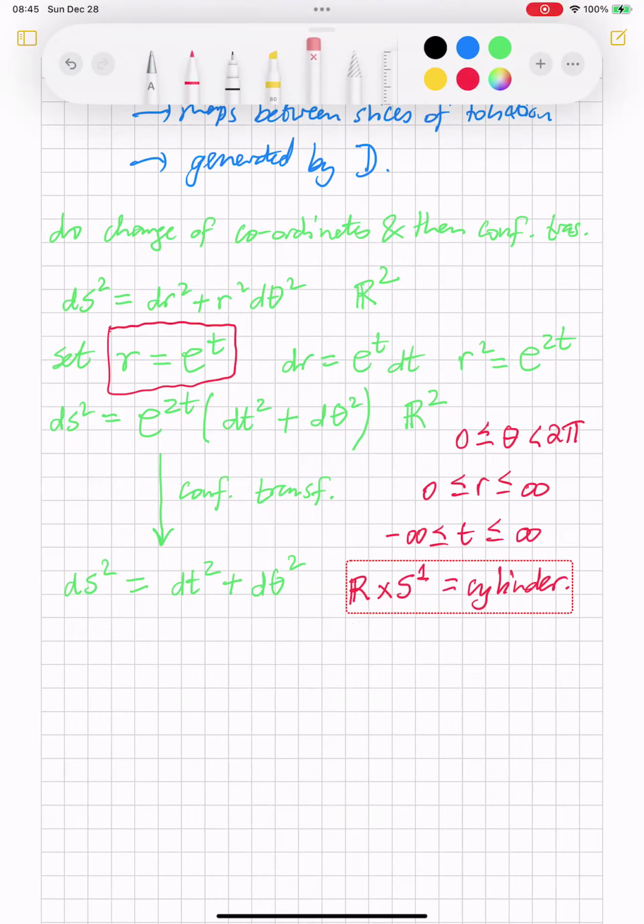Now, some of you that are familiar with topology might feel a little queasy because you might tell me, well, hang on, the cylinder has got a different topology to the plane. That's absolutely true, okay?